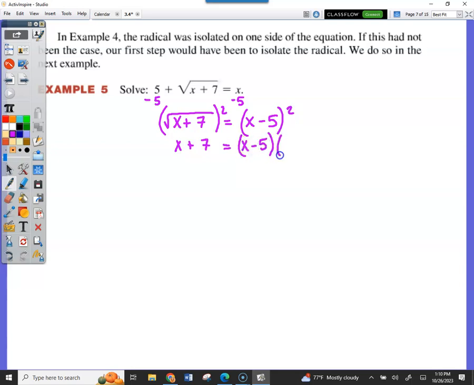You need to write it out like this so you'll remember, then do it, and then multiply that out. When I have several lines of work and I have stuff over here that I can't do anything with yet, I like to come underneath and just say, okay, this would be x squared minus 5x plus 25, and then this is x squared minus 10x plus 25.